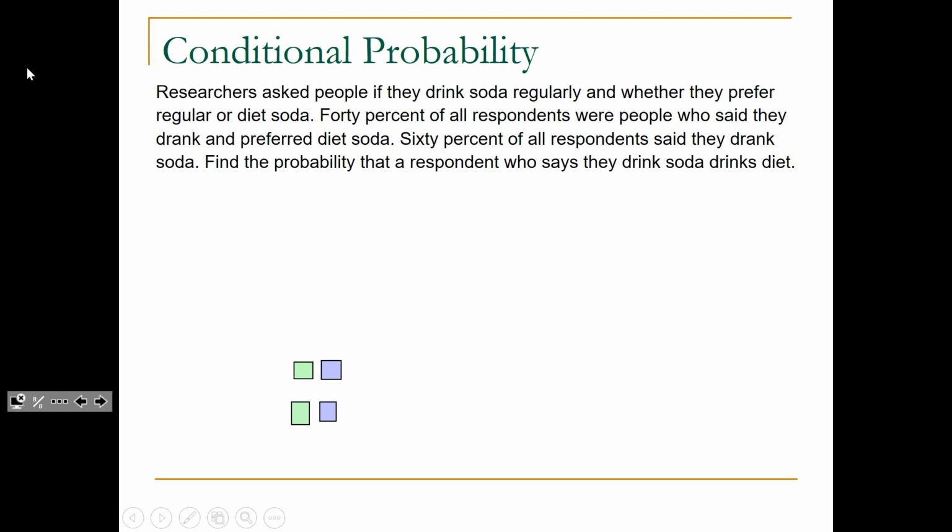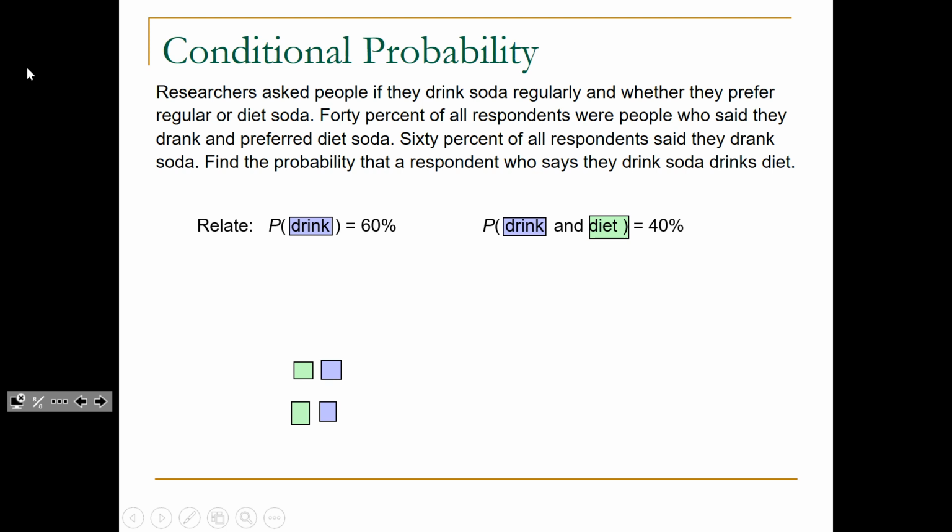So which one of those is more of an overall? The 60 or 40%? The 60, because they're saying all 60 of those people are drinking some type of soda, right? So my first event, probability of drinking a soda is 60%. While the probability of them drinking soda and it being a diet soda, they told us was 40%.